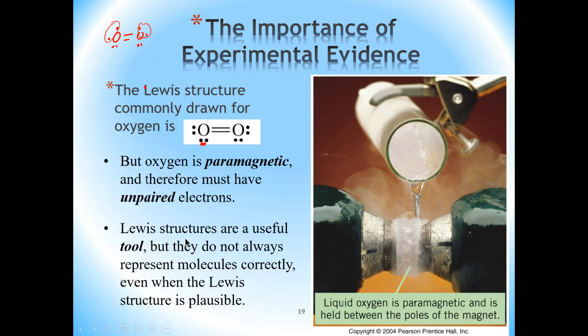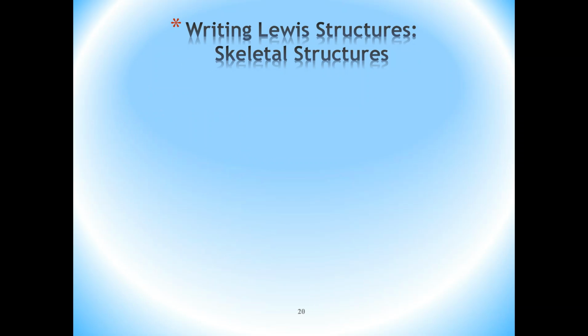So, as stated here, the Lewis structures are a useful tool, but they do not always represent the molecules correctly, even when the Lewis structure is plausible. So, in most cases, when it comes to drawing Lewis structures, we would stick to using this, for example, for oxygen, but we have to keep in mind that this is not always an accurate representation of the true structure of oxygen.